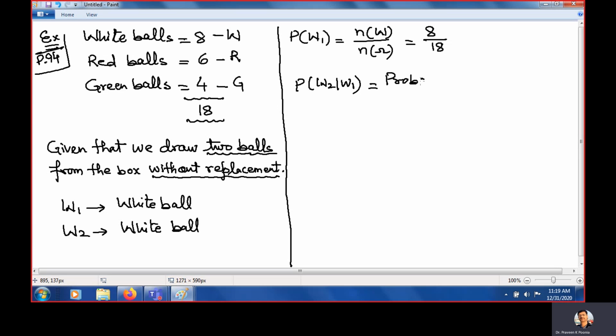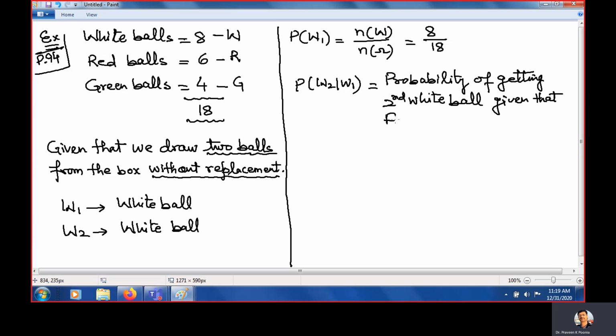We are drawing the second white ball. Listen carefully: the probability of getting the second white ball, given that the first ball was white, means the first ball we have already drawn.